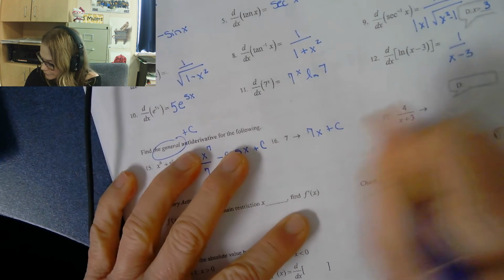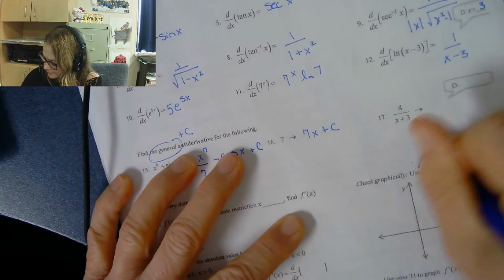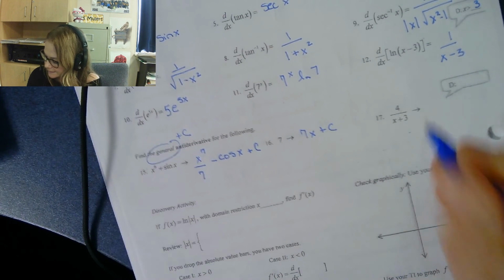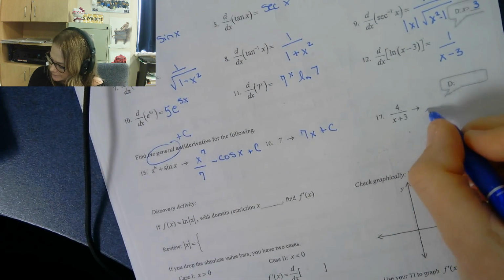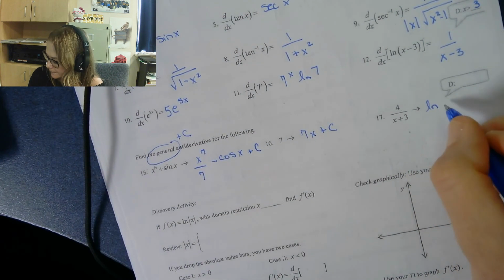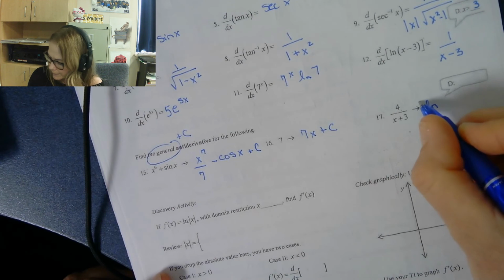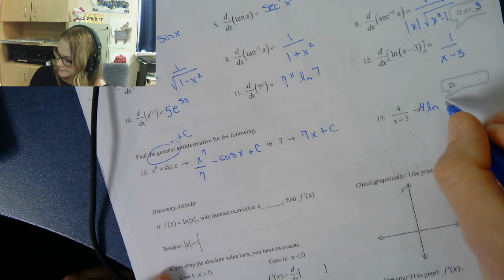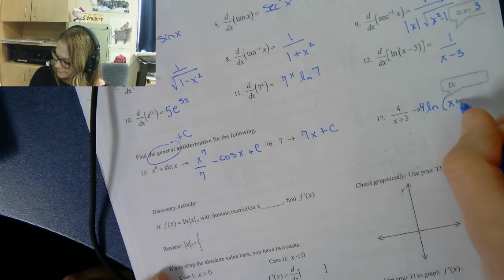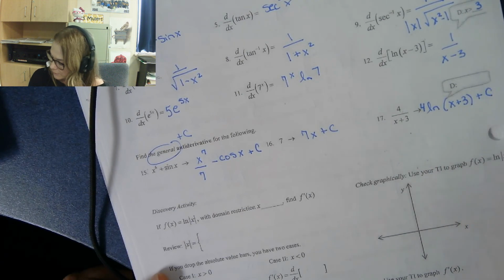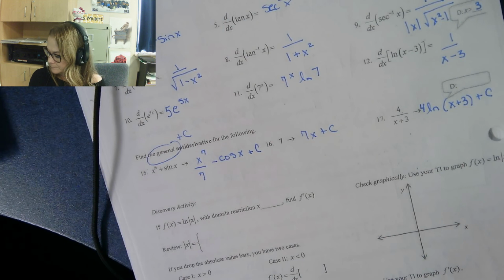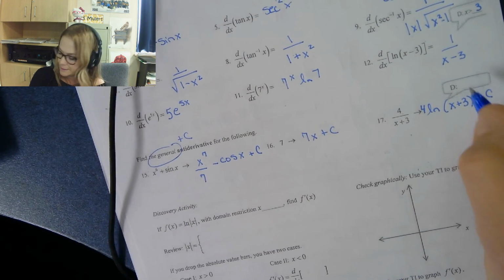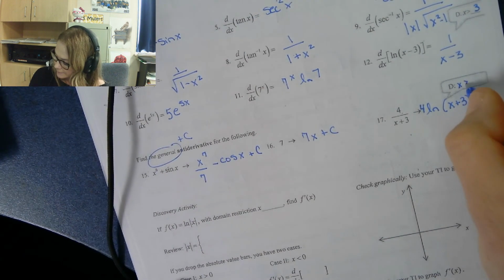So let your brain say, okay, there's something else that happens here. And what happens here is that the antiderivative is ln. You can just bring 4 out in front of ln of x plus 3, plus c. And what we're going to be doing here is this domain here, x has to be greater than negative 3.